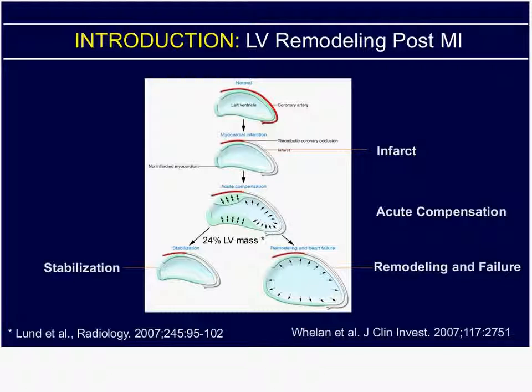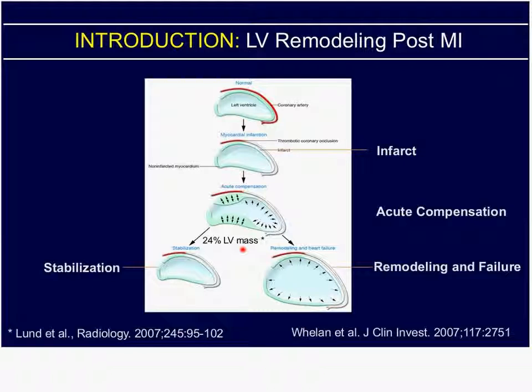We depict the zone, we show acute compensation, and one thing that's not really appreciated but has become evident with the advent of cardiac MRI and late gadolinium enhanced imaging is that the cut point between stabilization and LV remodeling, at least in humans treated with ACE inhibition and beta blockade, is about 24% of LV mass.